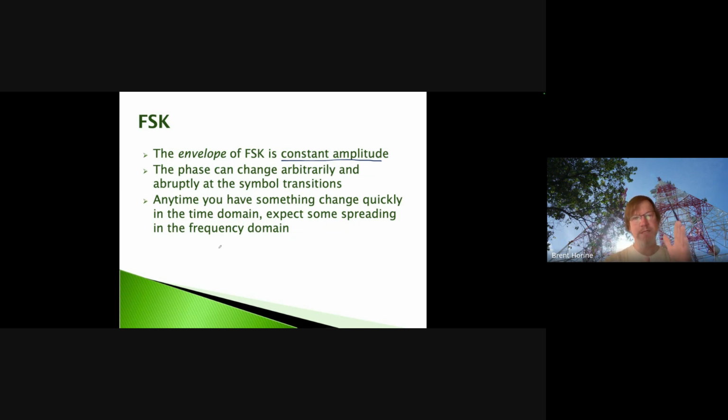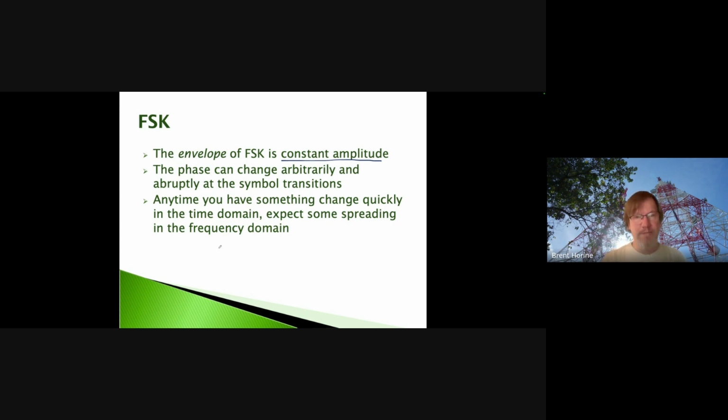When we have things that change abruptly or very steeply in the time domain, that's going to be reflected in the frequency domain as a lot of frequency content. That's just generally bad. Frequency spectrum is expensive. It's actually a finite resource, kind of.